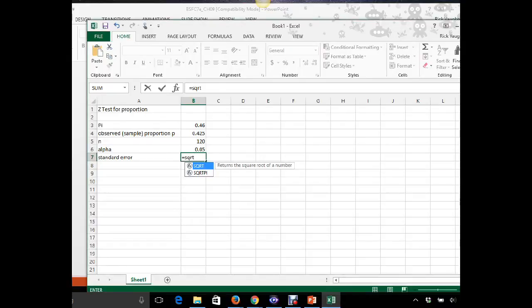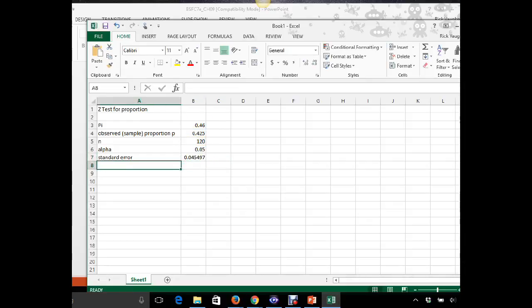So SQRT for square root. Pi times, I should have probably put the 1 minus pi, but I'll just build it into the formula here, 1 minus pi. Okay, so pi times 1 minus pi divided by n, and then close parentheses for the square root.